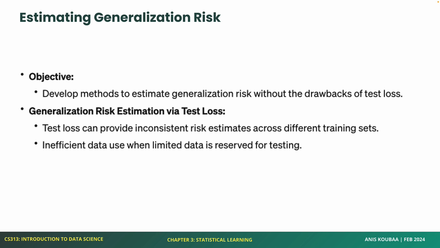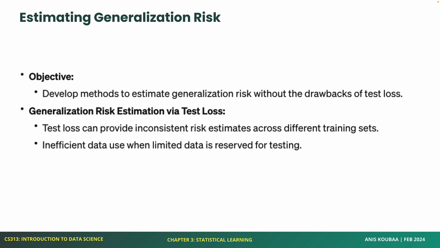This time we will think about doing it without relying too much on the test loss, because when we have a fixed test data set, that gives us only a possible deviation from the estimated generalization risk. We are comparing with only one fixed data set, so that gives only an overview. And the test loss can provide an inconsistent risk estimate.